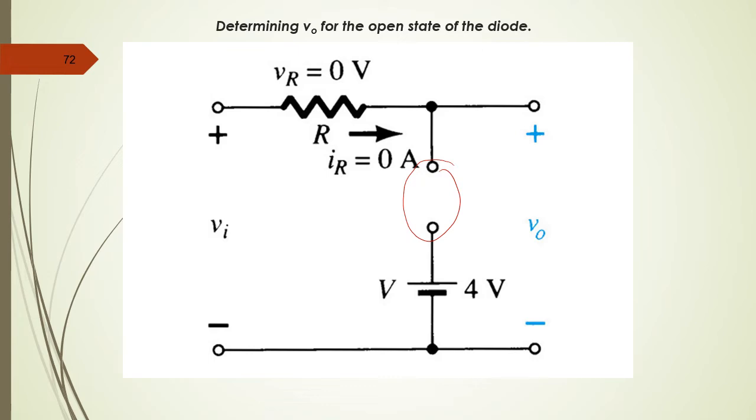The value of current here will also be 0, so IR equals 0, and VD is also equal to 0 because there is an open circuit and no current flows. When this happens, the value of V out will be equal to the value of the input voltage.